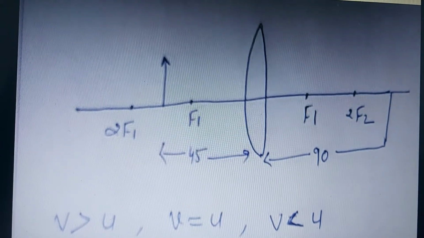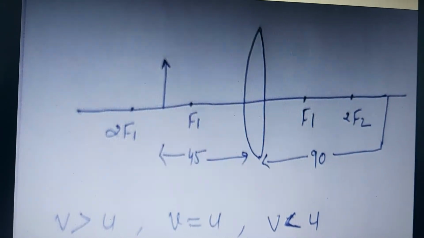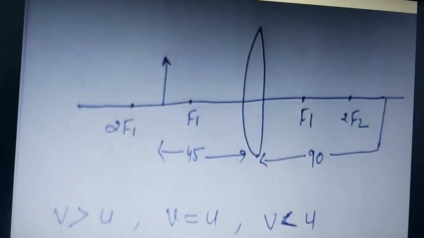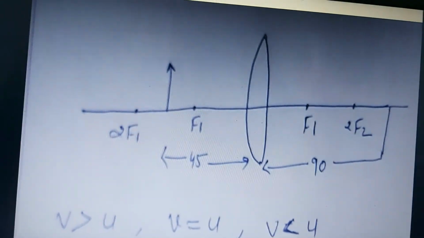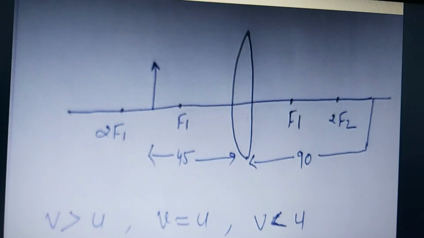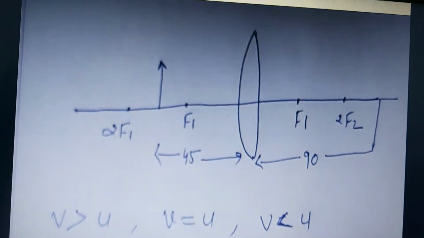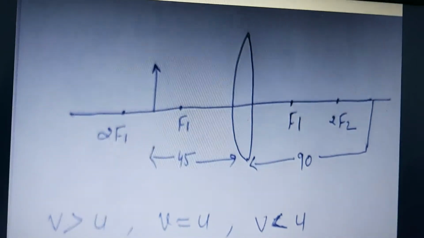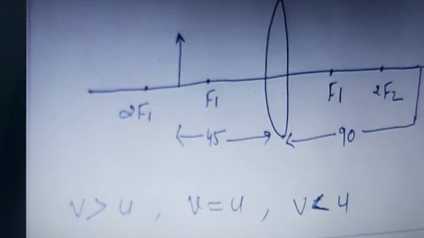So which ray diagram is this? When the object is between f1 and 2f1, the image will be formed beyond 2f2.